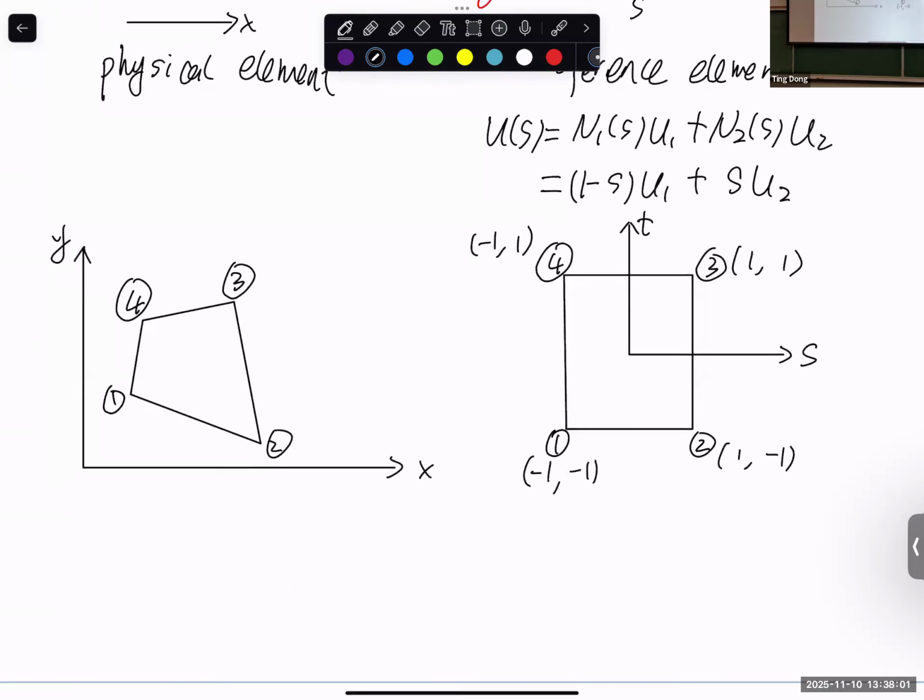The left one is the physical element, and the right one is the reference element.